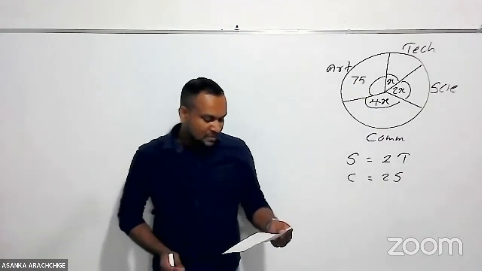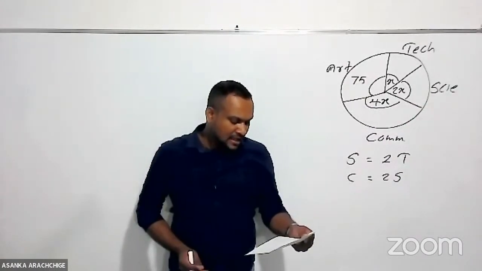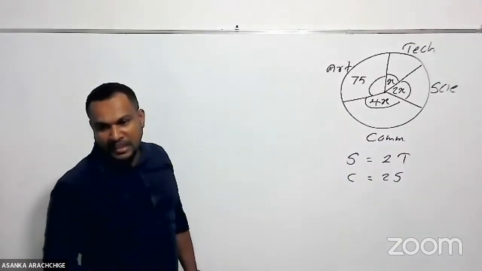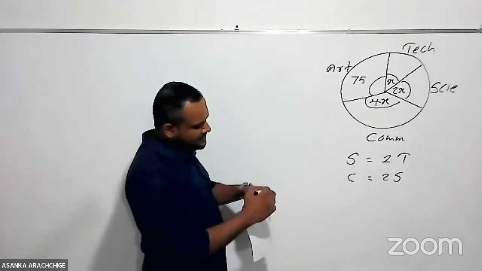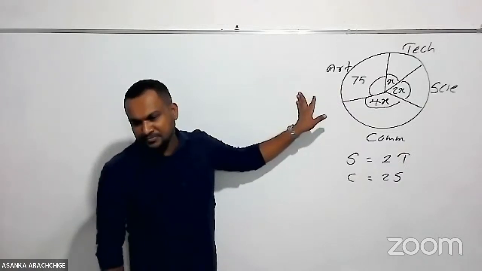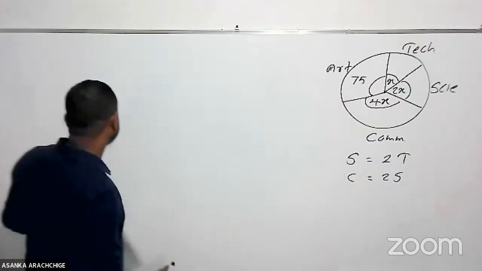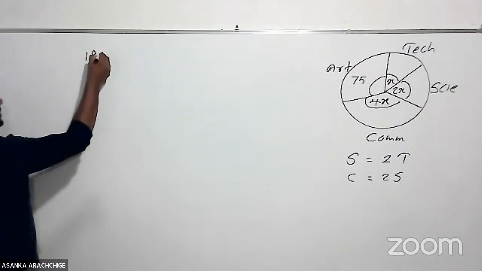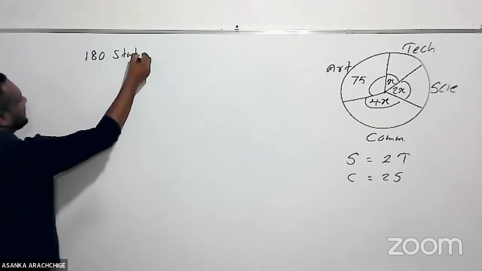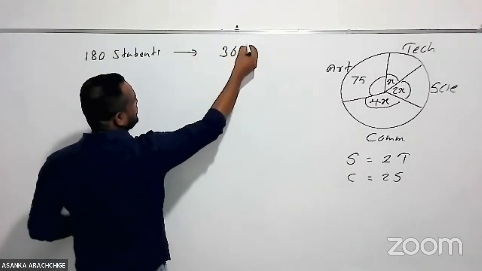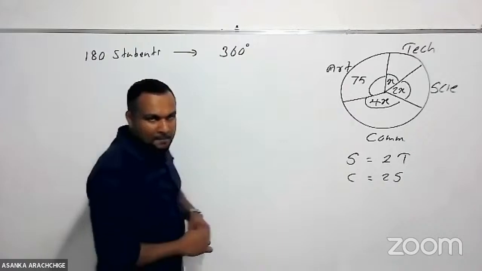Then find the angle at the center of the sector which represents the students who applied for art. Tell me, what is the total number of students represented by this pie chart? 180. 180 students are represented by 360 degrees in this pie chart.